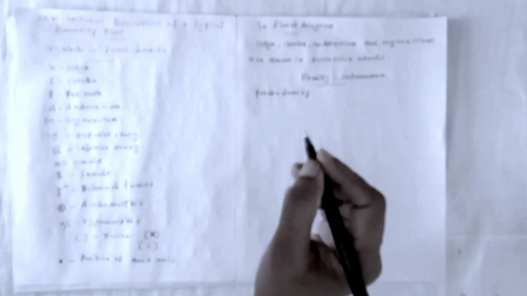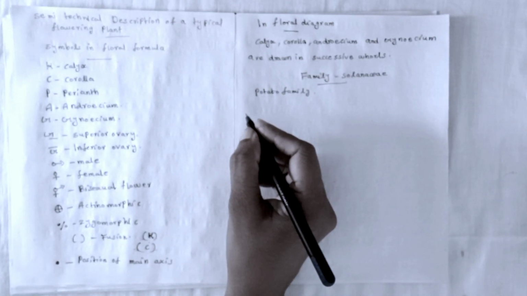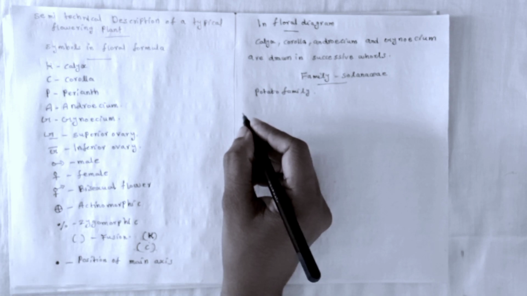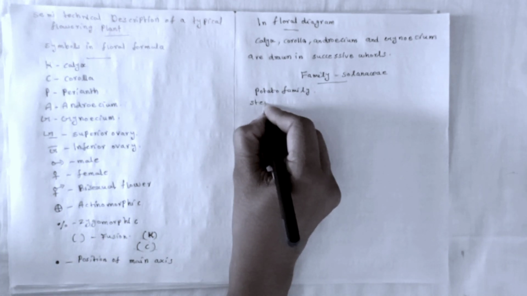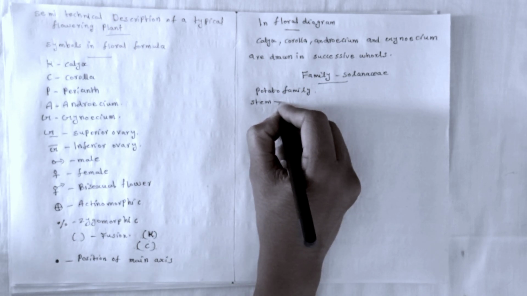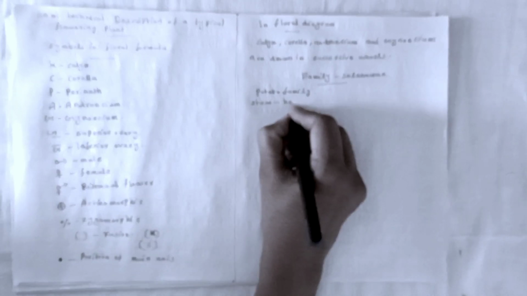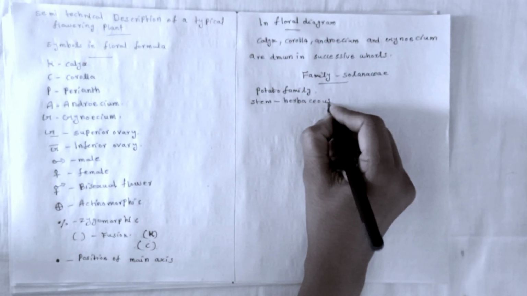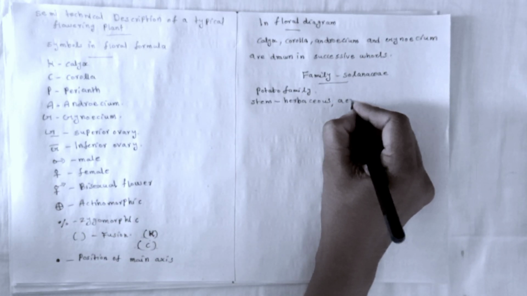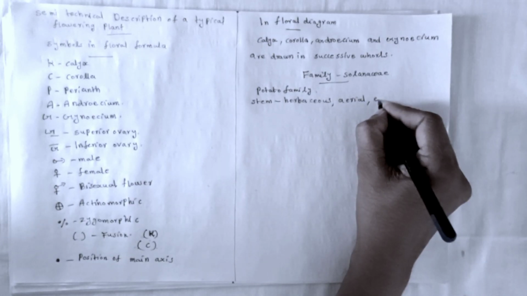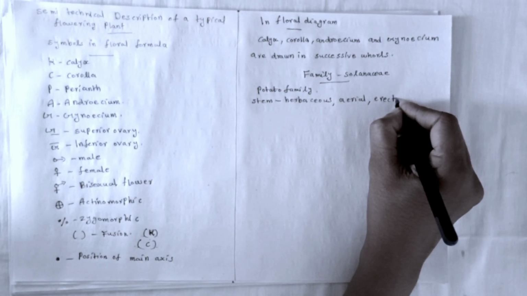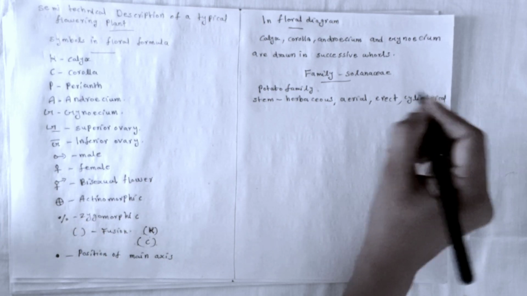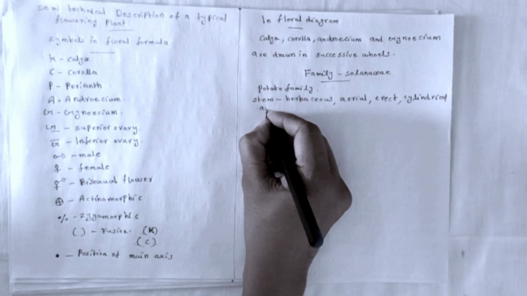Vegetative characters include the stem, usually herbaceous, aerial, erect, cylindrical and solid.